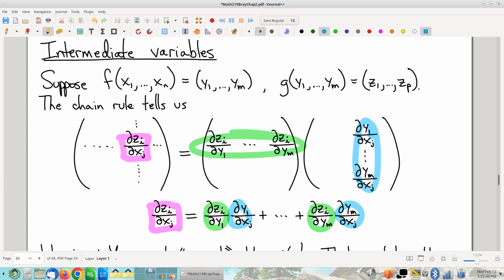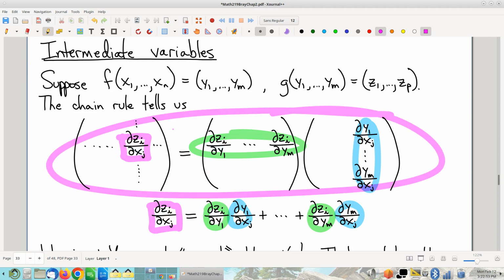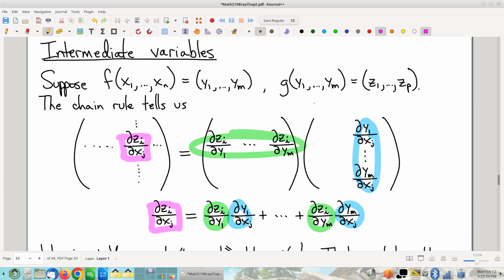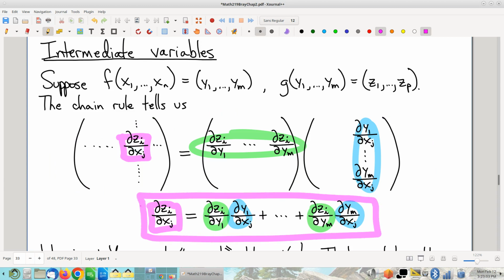Okay, so nice little punchline then. If you need to know the entire derivative matrix, then yeah, sure, you use the big gun of the matrix form of the chain rule. But if you just need to know one individual partial of the composition, this relatively compact formula is very handy for that purpose.